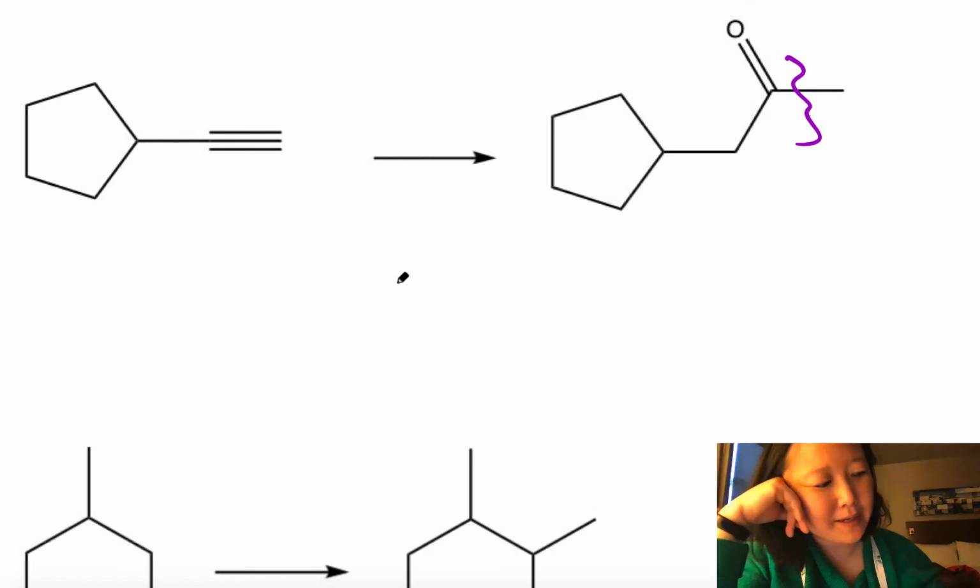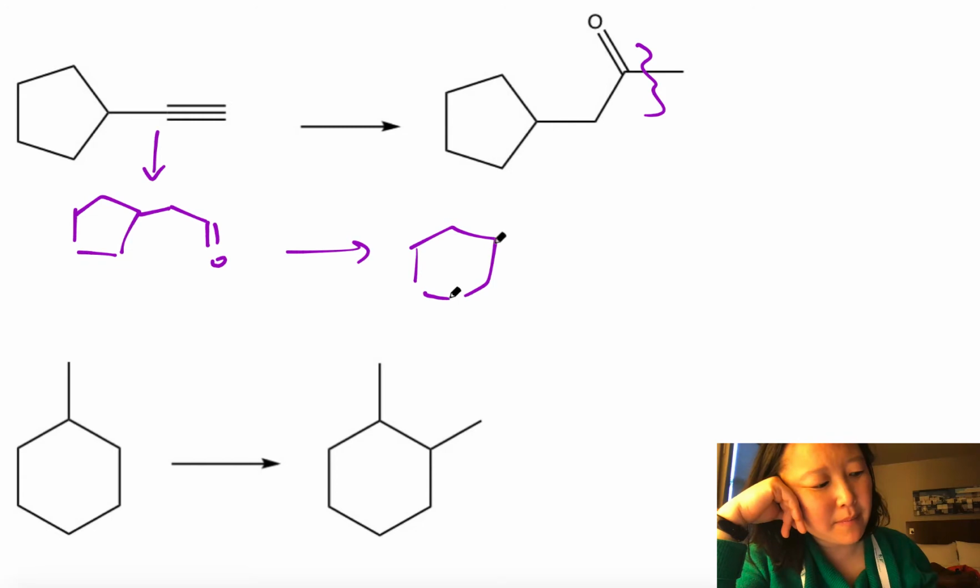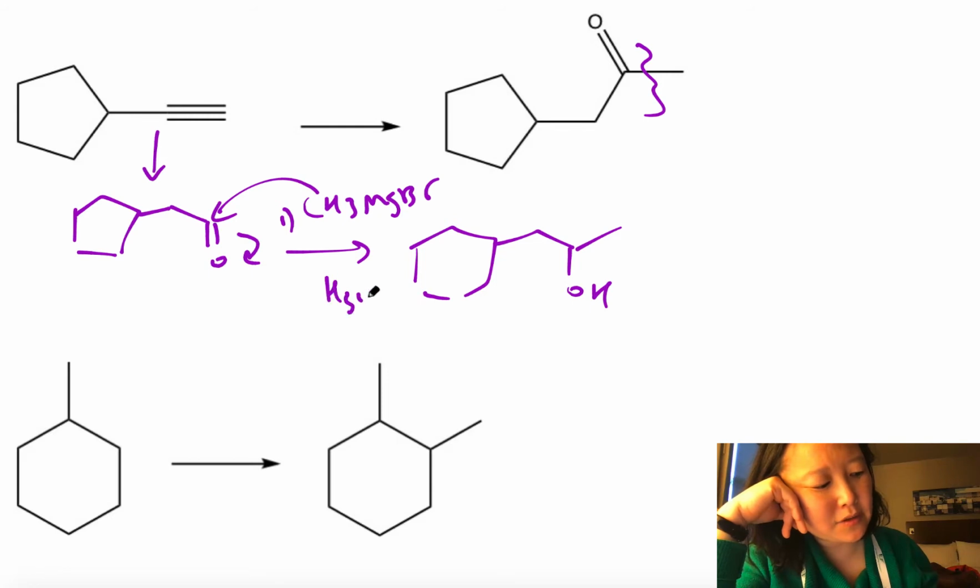That's the common theme here. So let's maybe try converting this to a carbonyl first, and then we can do the methyl Grignard. So CH3MgBr. See, there's a very common theme of using the Grignard reaction followed by a workup, H3O+ in a second subsequent step, and then I do oxidation.